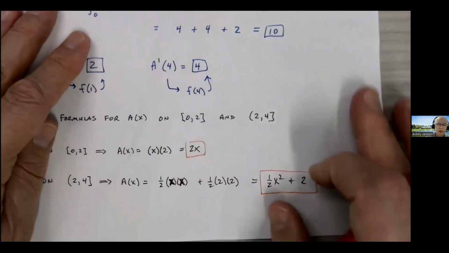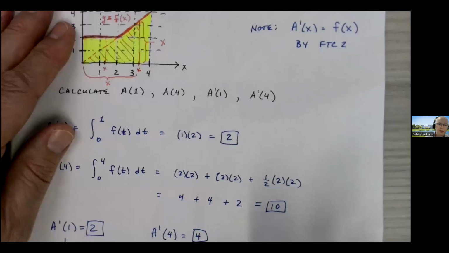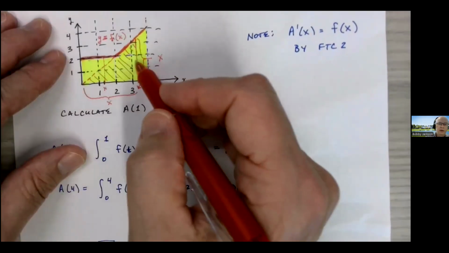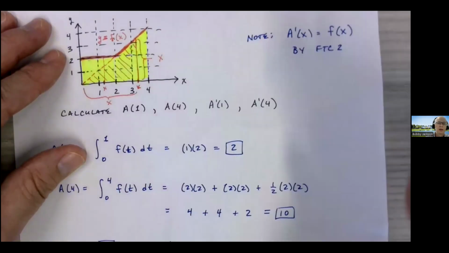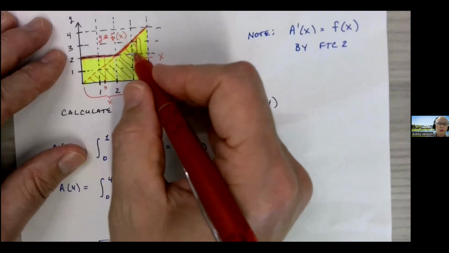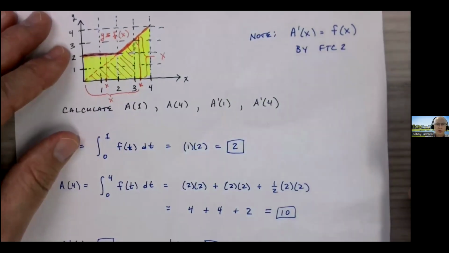There are different ways you could have interpreted this. Again, the area under the curve, you can interpret geometrically. You could look at a rectangle and then maybe a trapezoid, or a rectangle and another triangle up here, and you could get the same result.